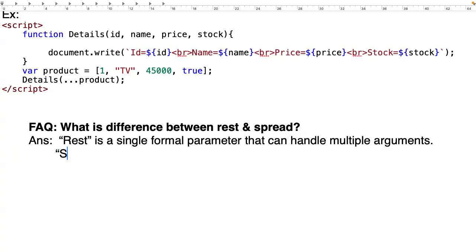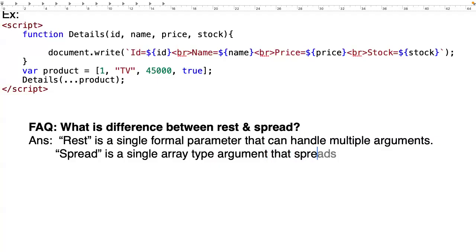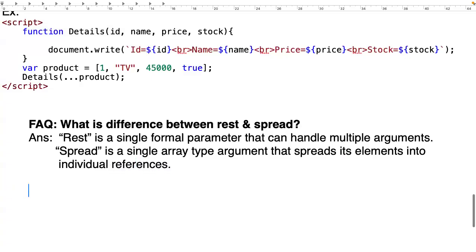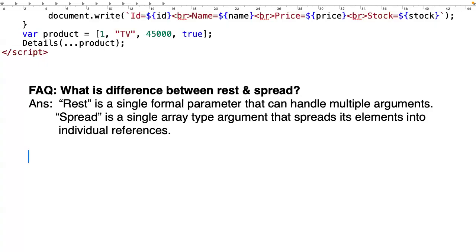Spread is a single argument, of array type only, that spreads its elements into individual references. That is spread. This is about rest and spread.